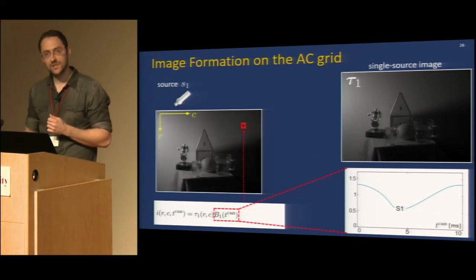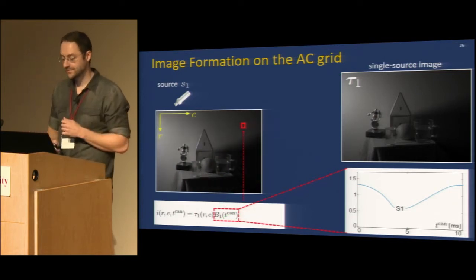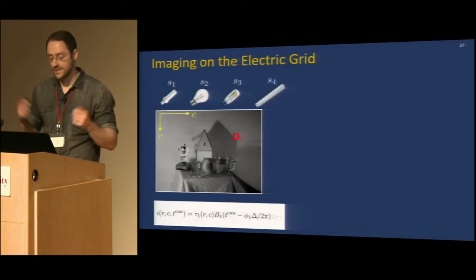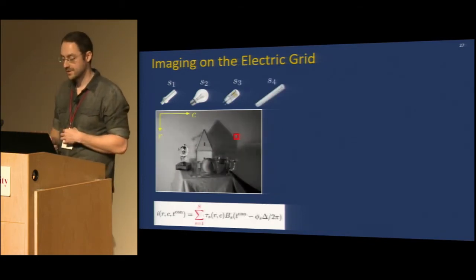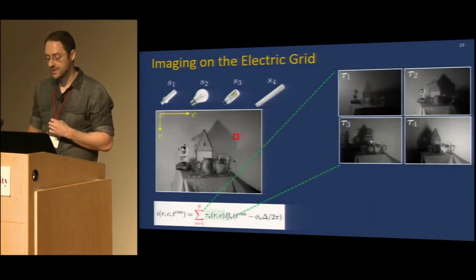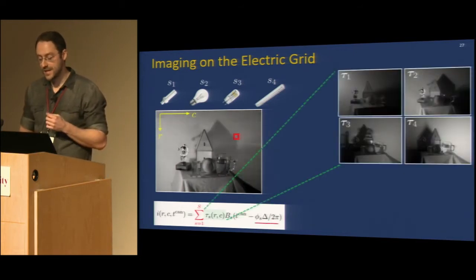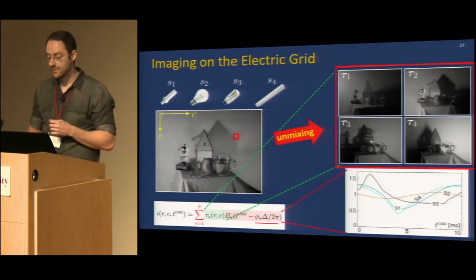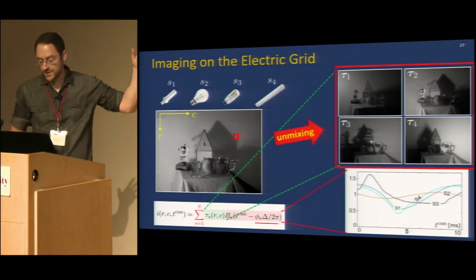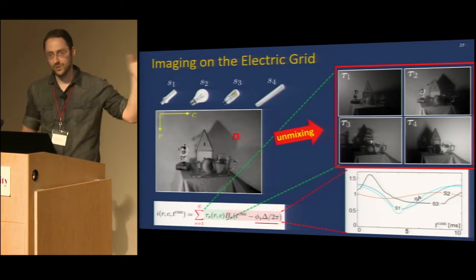And the second term is the source response function we just saw. So in a general scene, the intensity is the sum of contributions from multiple sources, each having its own light transport coefficients, AC phase, and response function. By the way, these light transport coefficients are what we're trying to retrieve when we're doing unmixing.